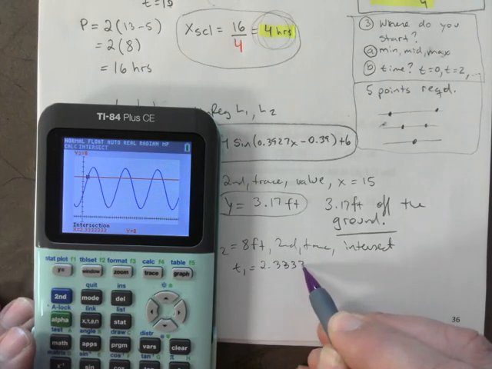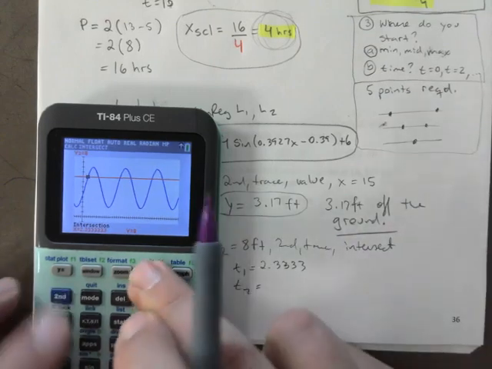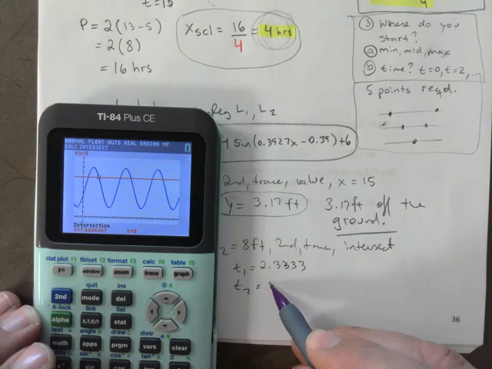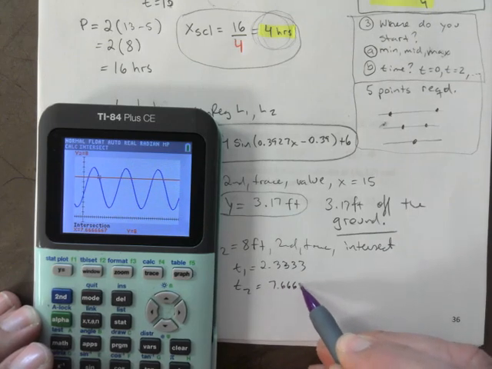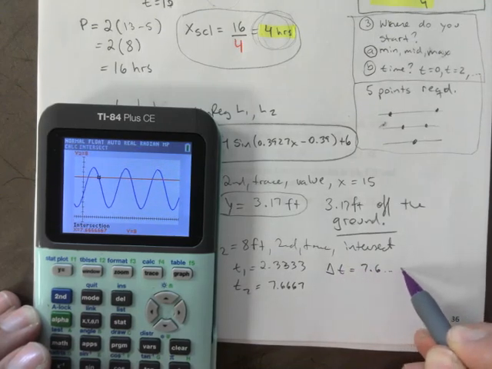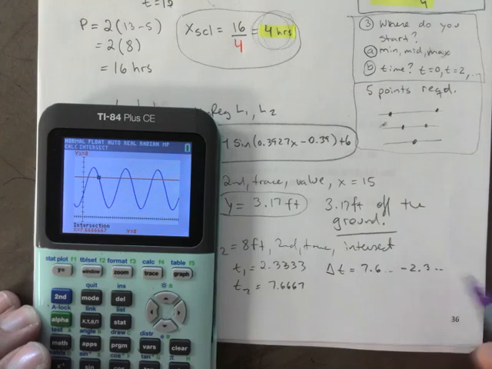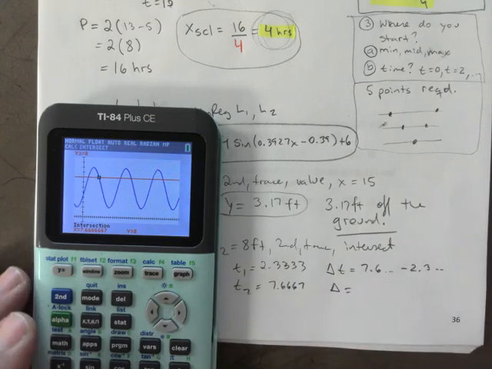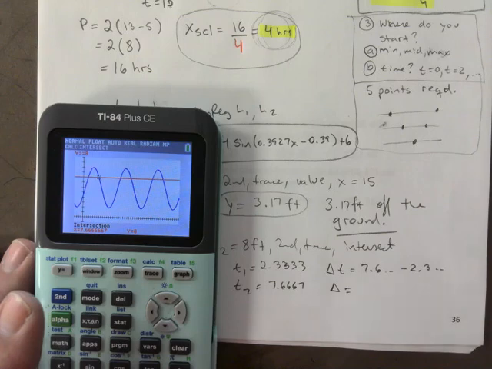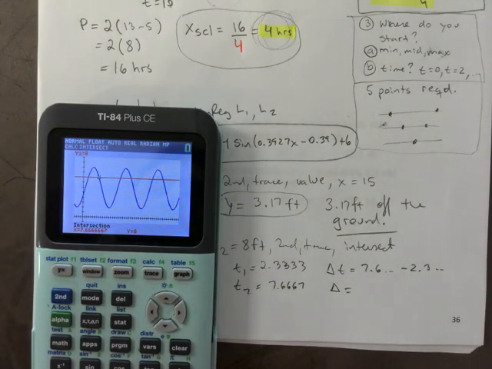Time 1 is 2.333. Time 2 is 7.6667. So delta T, it's happening for, does it say above or below? Sorry. It does.